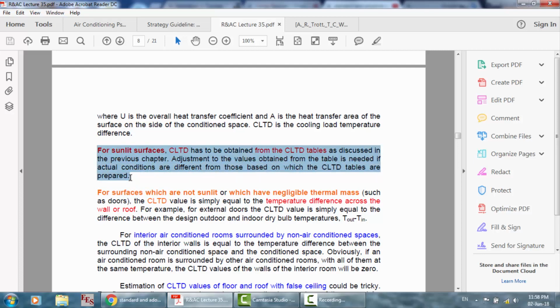Adjustment to the values obtained from the table is needed if actual conditions are different from those based on which the CLTD tables are prepared. You have to check the accurate CLTD value and how you can use it.